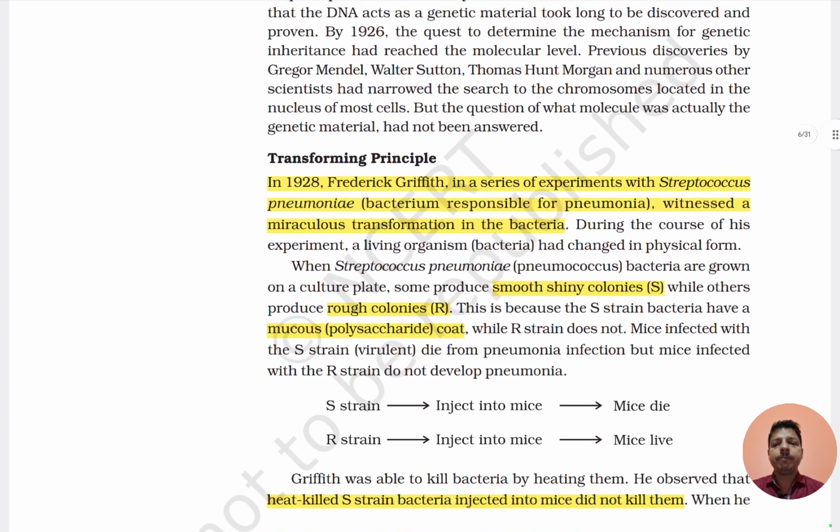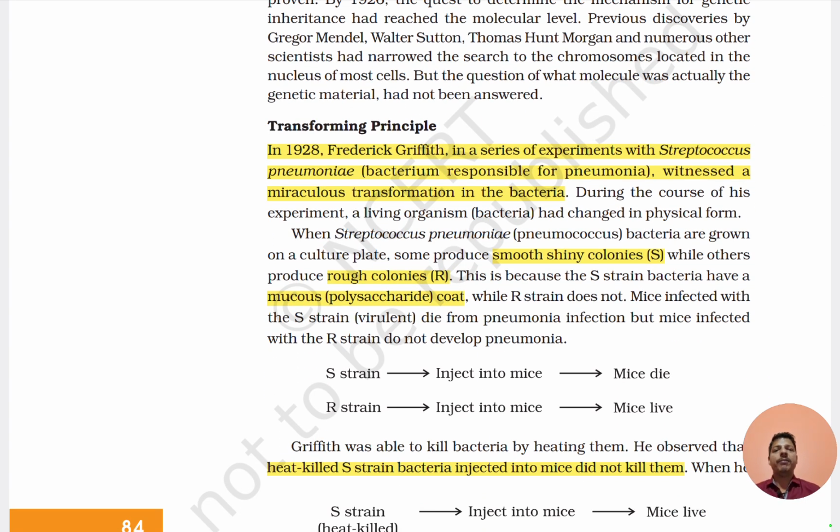Then, you can see, in 1928 Frederick Griffith, in a series of experiments with Streptococcus pneumoniae, the bacterium responsible for pneumonia, witnessed a miraculous transformation in the bacteria.